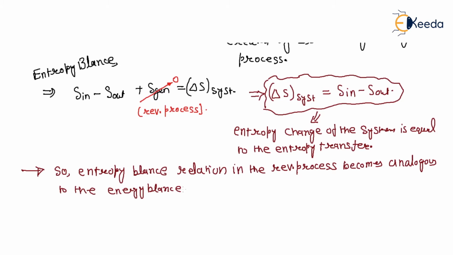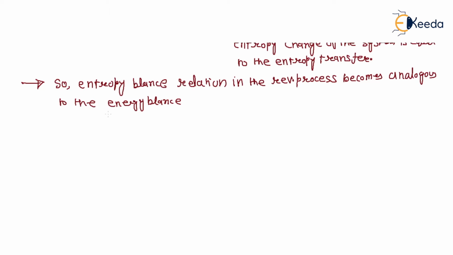So what is the energy balance? Delta E of the system is equal to energy in minus energy out. This is your energy balance.